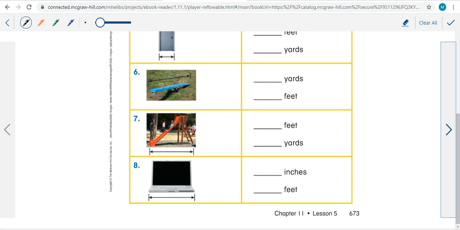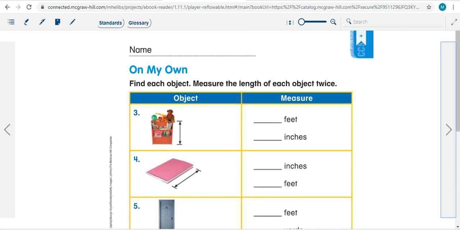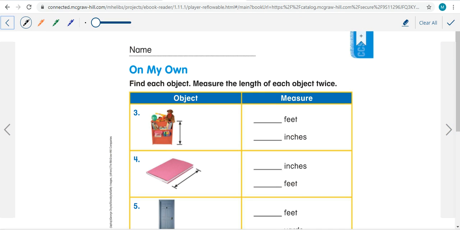Next page. This object is about, let's say, 1 foot. How many inches does 1 foot have? 36 inches. Sorry, it's not 1 foot. Erase this, please.